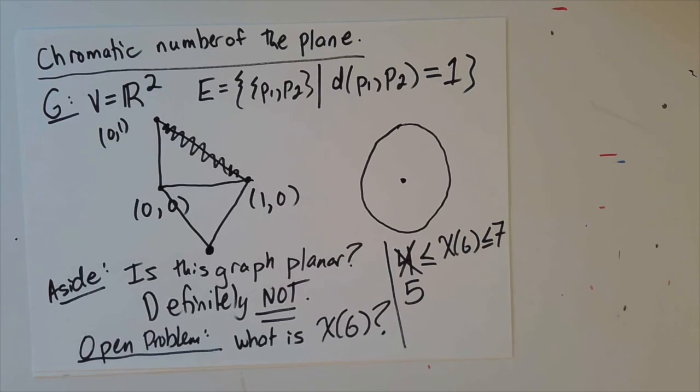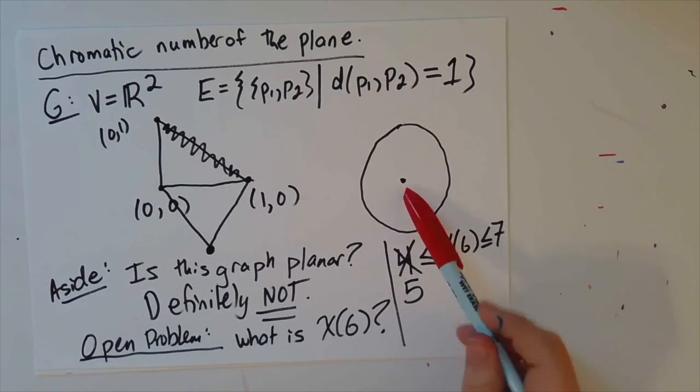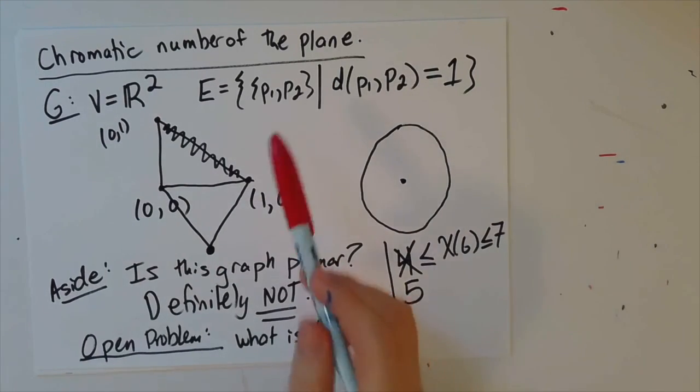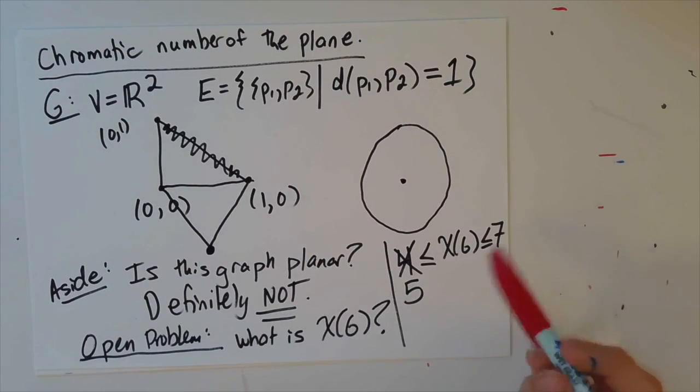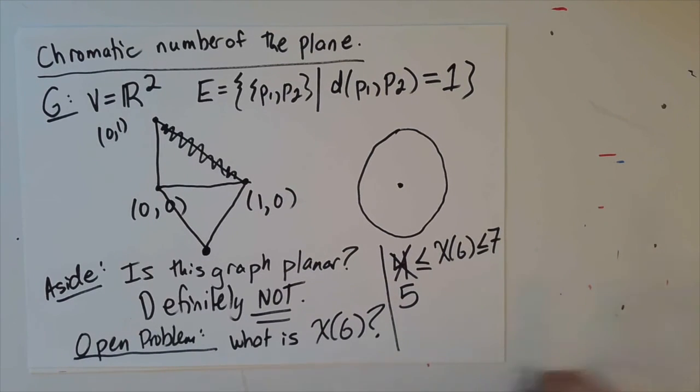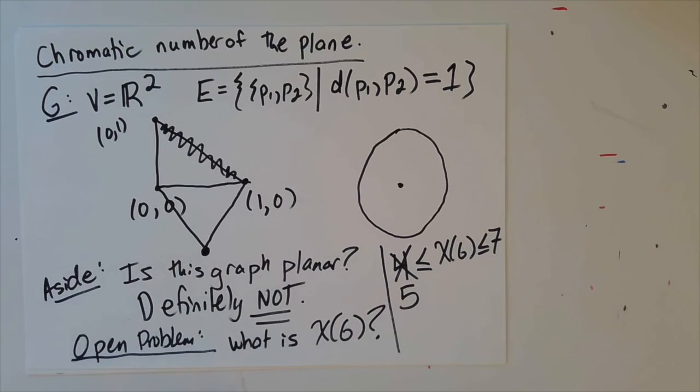So if you're bored and you want to advance the cause of mathematics while you're stuck at home, all you have to do is come up with a 6 coloring of the plane that meets this rule. Then you will show that, in fact, this number is either 5 or 6, and then you'll be in good shape.